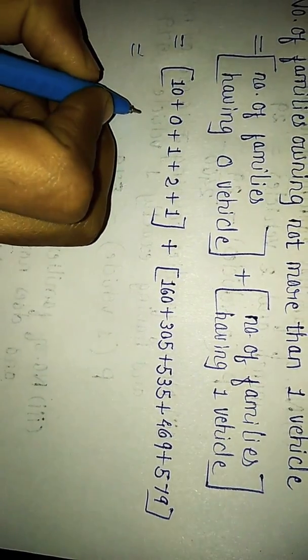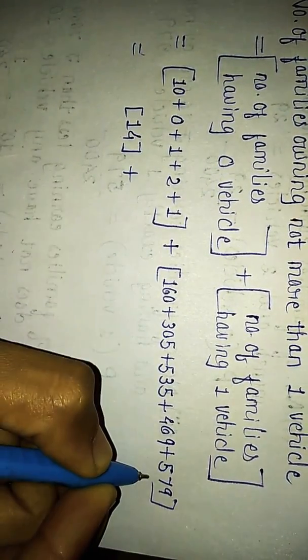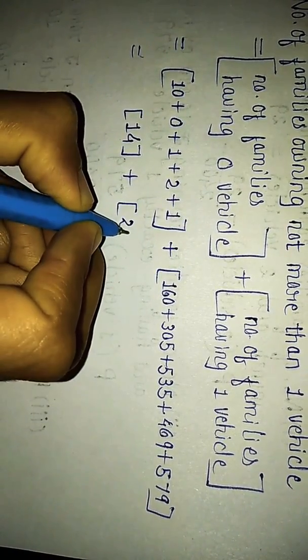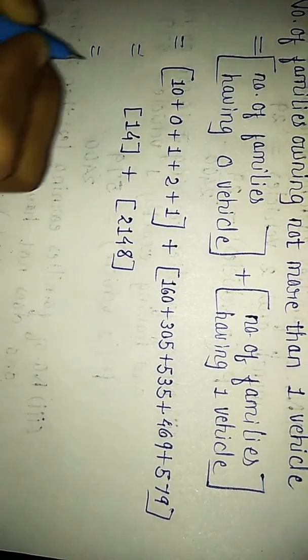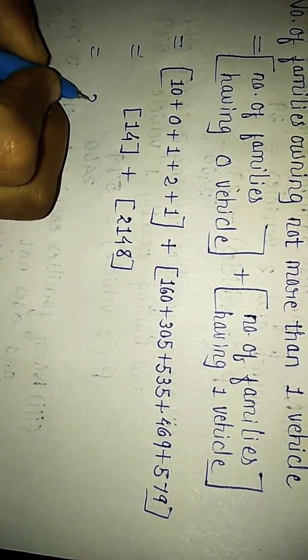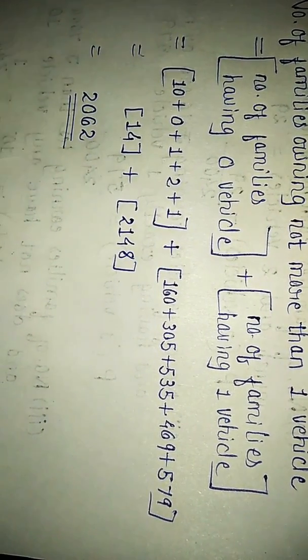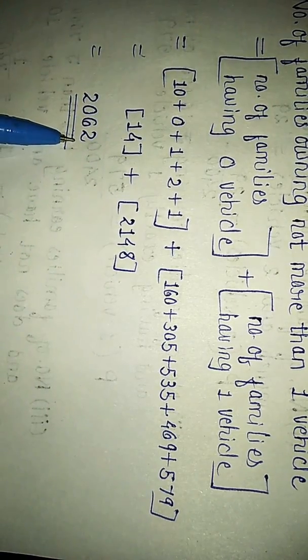If you will add this, you will get 14. And this addition will be 2148. Addition of the two will be 2062. This will be our number of trials in which event happened.